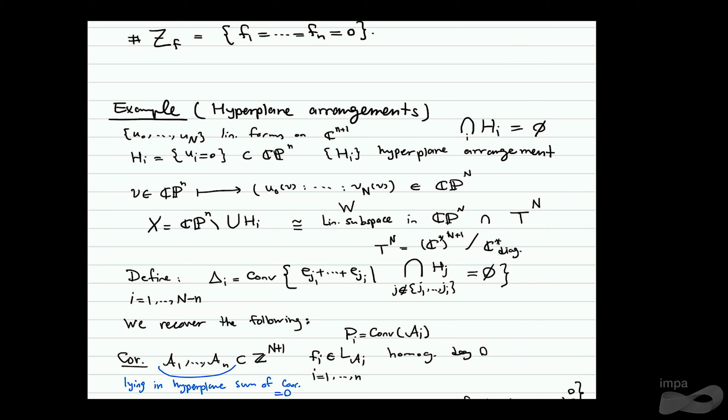But for what choices of j1 to ji is the corresponding hyperplane arrangement's intersection empty? Not over J1 to Ji, but in the complement of this set.